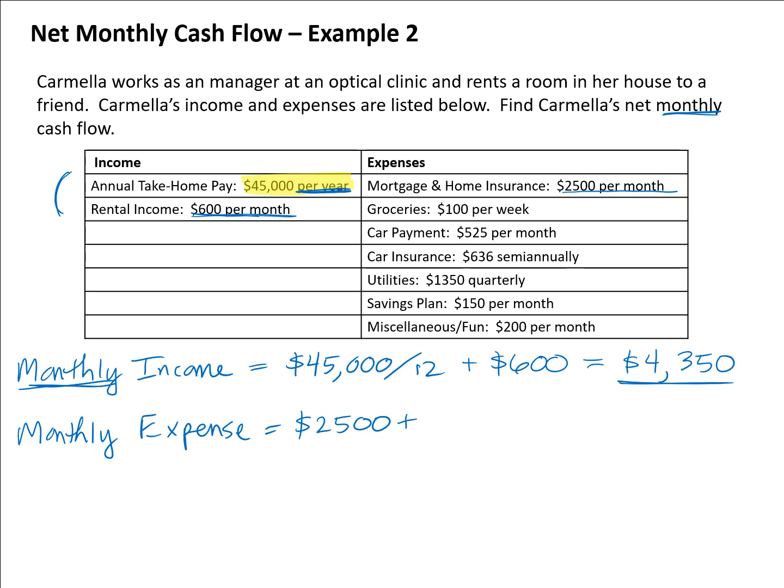Plus, next on the list is groceries. She's approximating $100 per week. Remember, we want a monthly expense report here, so we want to convert this weekly amount to a monthly amount. Probably the easiest way, just for simplicity, is to think about how there's about 4 weeks in a month. So we can go ahead and multiply this by 4.